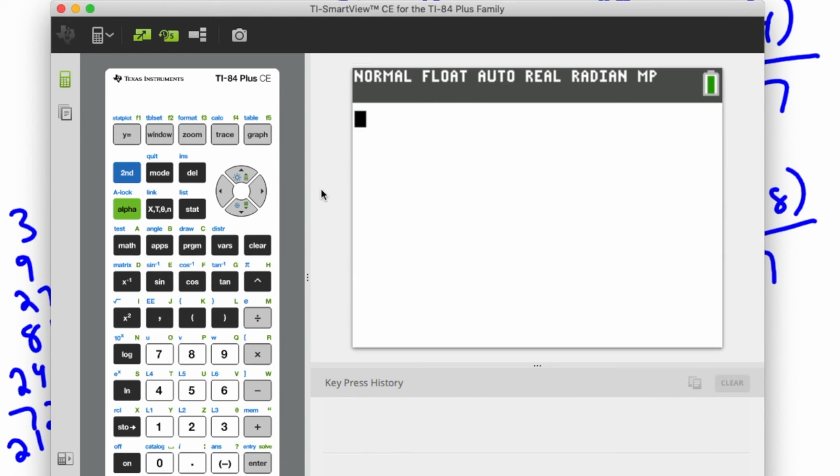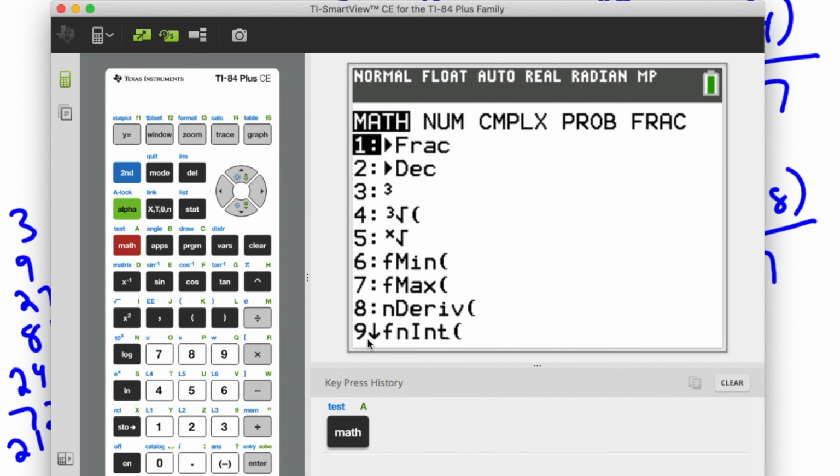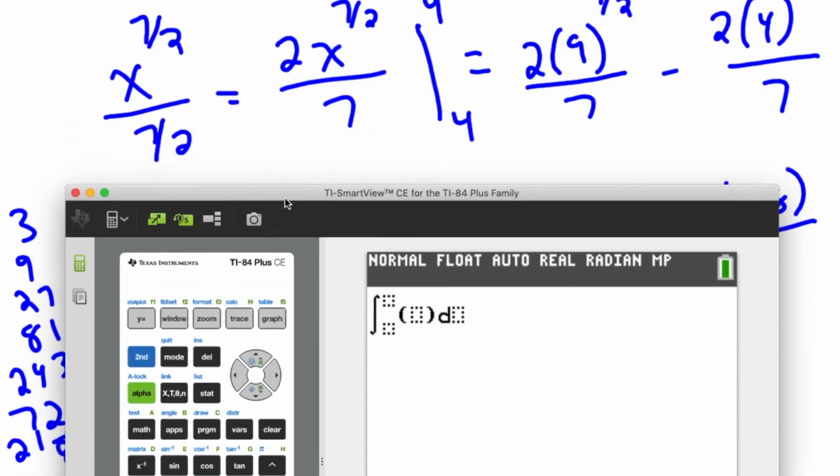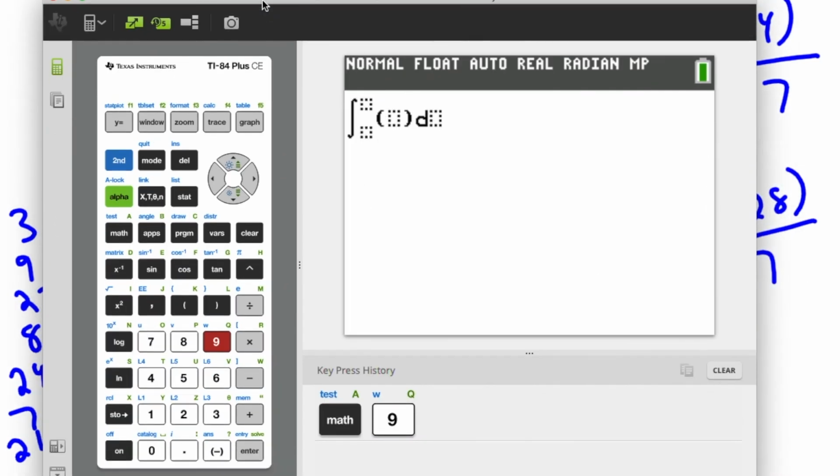All right, so this is how we do it using our calculator. We're going to hit the math button, and if you look down here at 9, it says FNINT. That's a function integral. So we're going to hit math and then press the number 9. It'll pull up your integral. Now, the limits are 4 to 9.